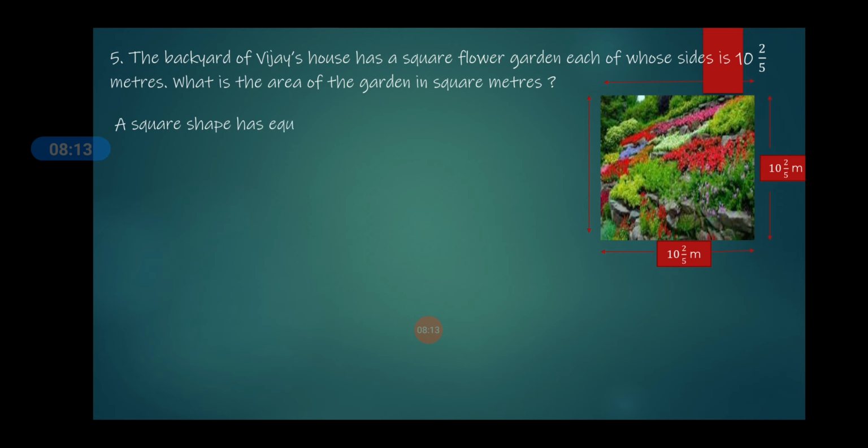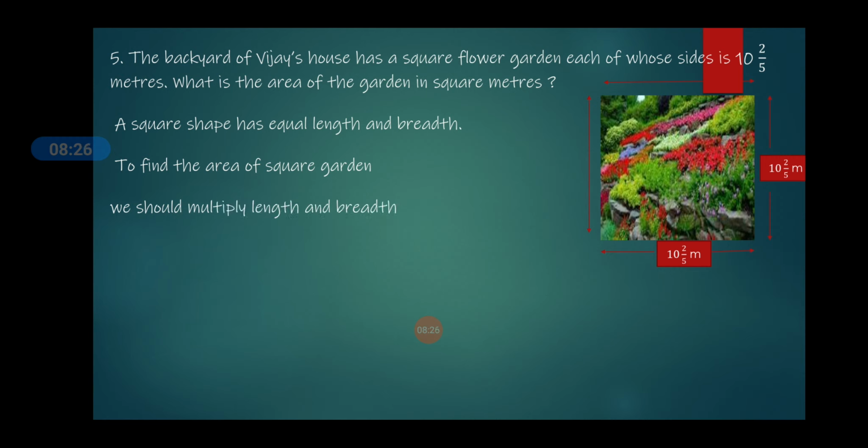A square shape has equal length and breadth, we know that. To find the area of a square garden, we need to multiply length and breadth. Here length is 10 2/5 meters and breadth is also the same.